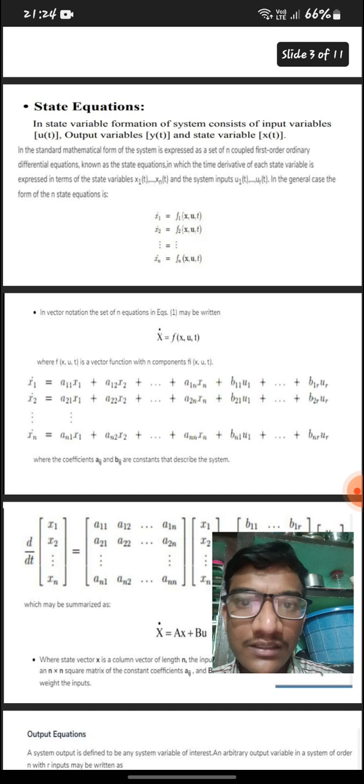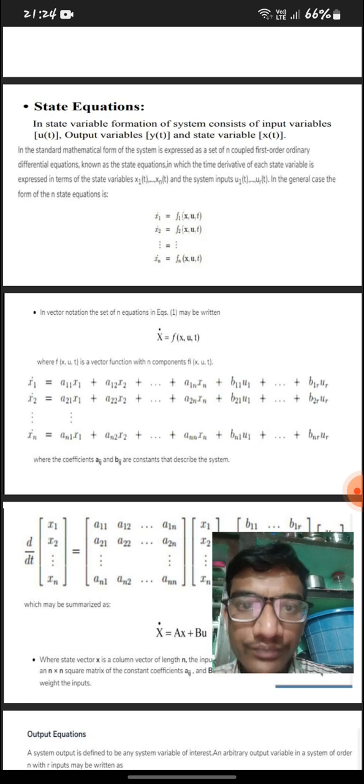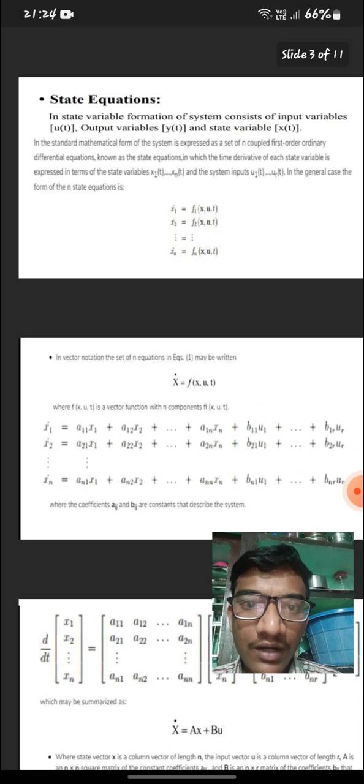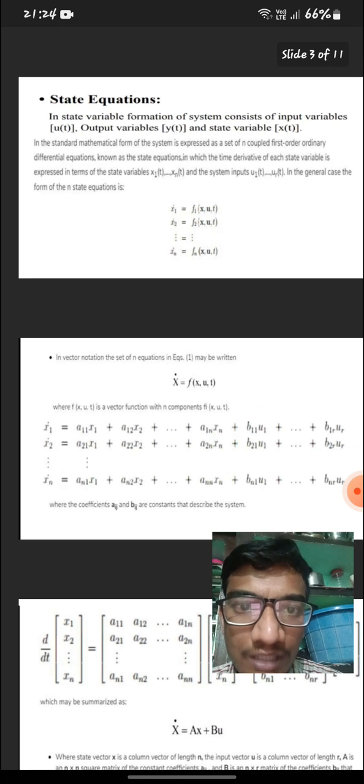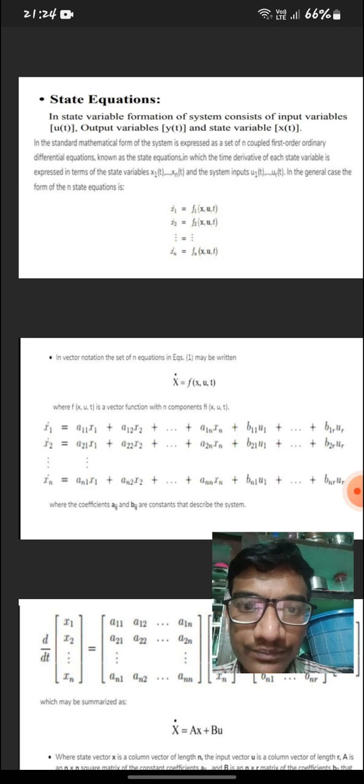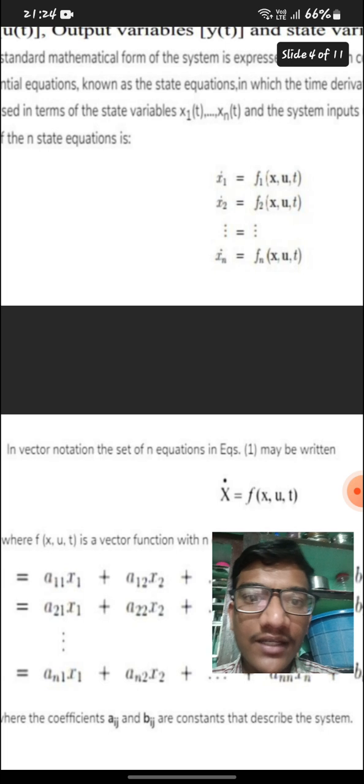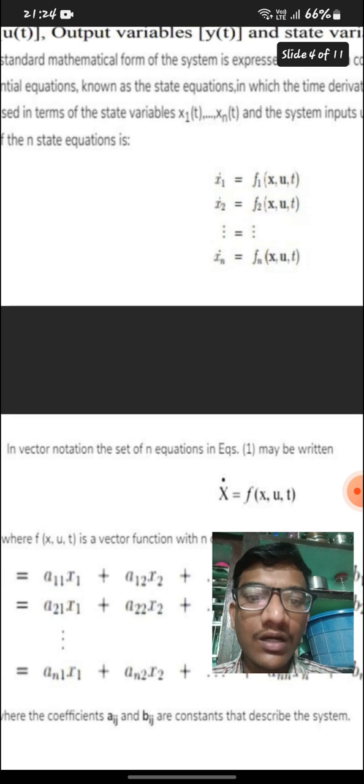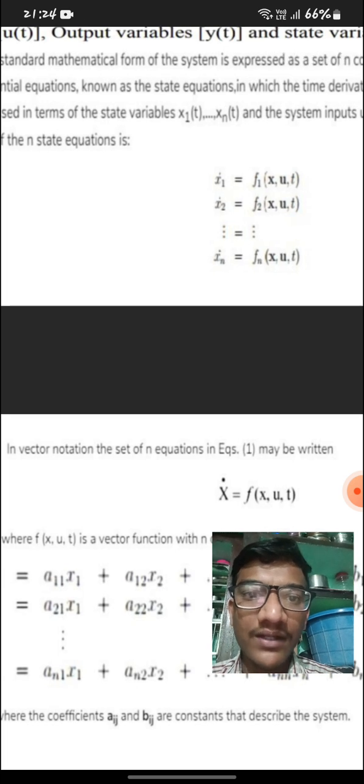In the general case, the form of the n state equations is x1 dot equals f1 of x comma u comma t, and x2 dot equals f2 of x comma u comma t, and so on, xn dot equals fn of x comma u comma t.